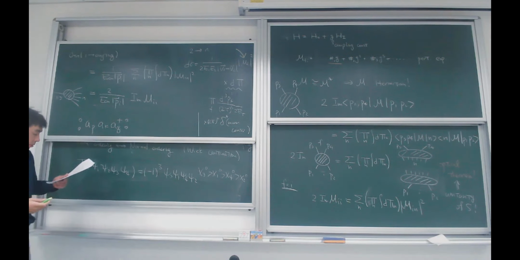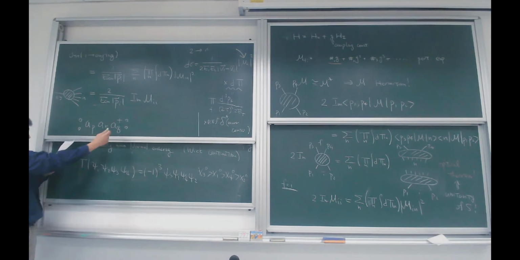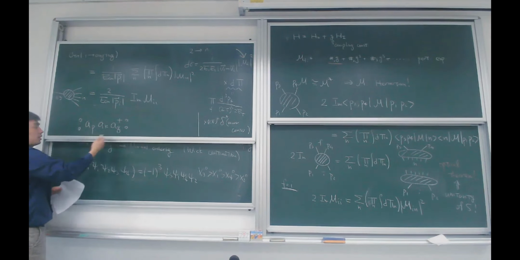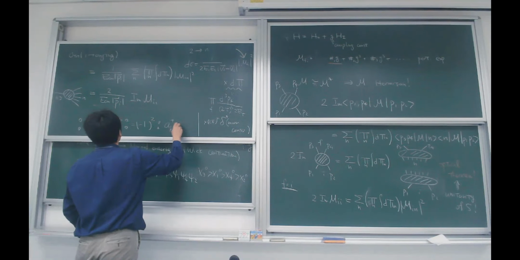So one has to bring this one across twice, and this is minus a_q dagger a_p a_k.